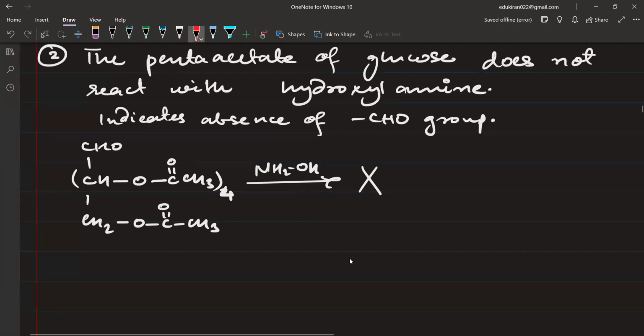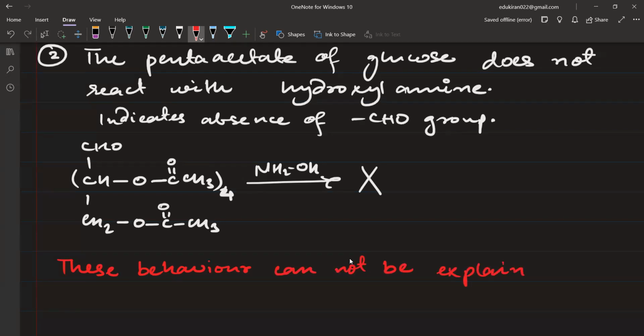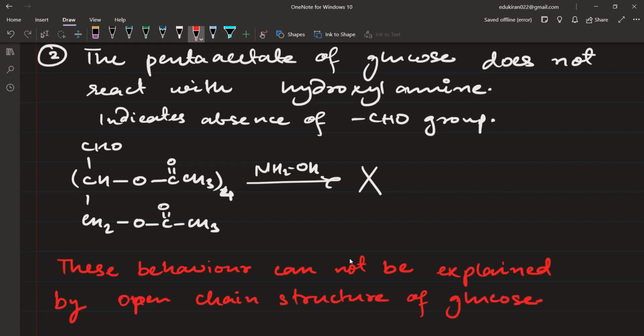Then you write: these behaviors cannot be explained by open chain structure of glucose.